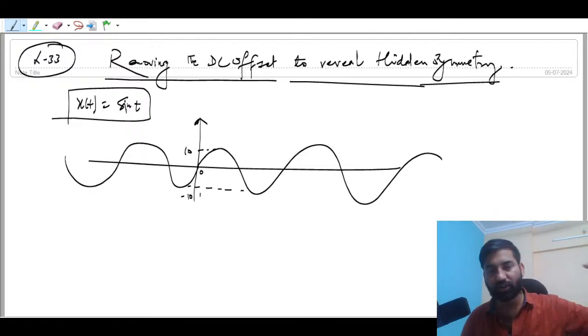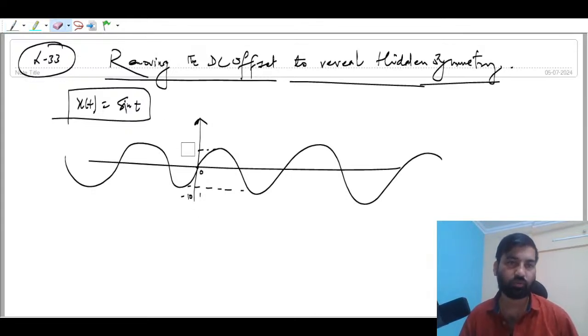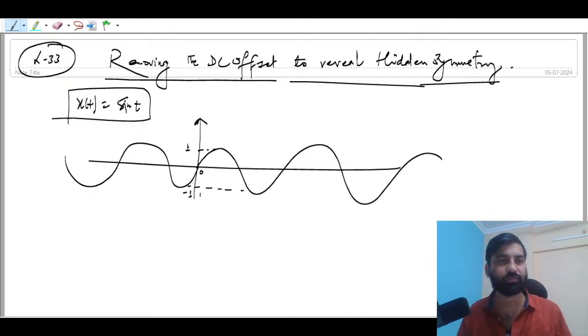You can see the time axis passes through 0, and the signal changes from 1 to minus 1, because the amplitude of sin t is 1 to minus 1.